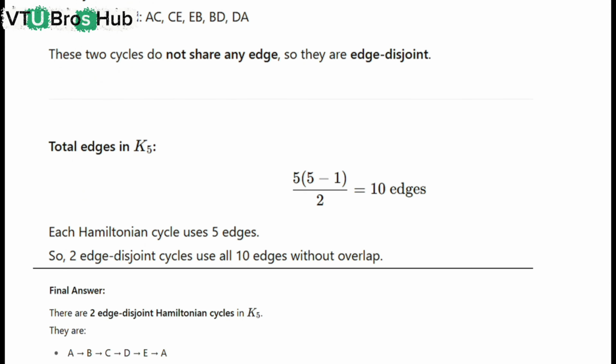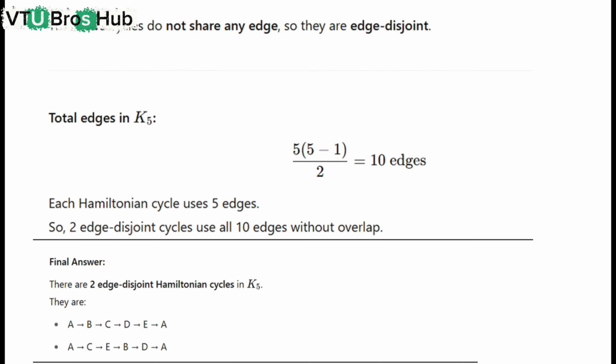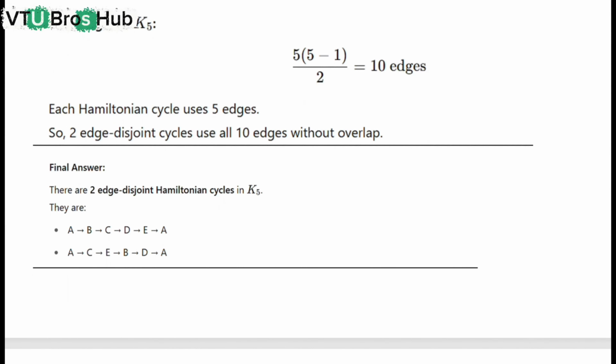Total number of edges in the complete graph with 5 vertices is 5 times 4 divided by 2 equals 10 edges. Each Hamiltonian cycle uses 5 edges, so 2 edge-disjoint cycles use all 10 edges without overlap. Final answer: there are two edge-disjoint Hamiltonian cycles in the complete graph with 5 vertices. They are A to B to C to D to E to A and A to C to E to B to D to A.